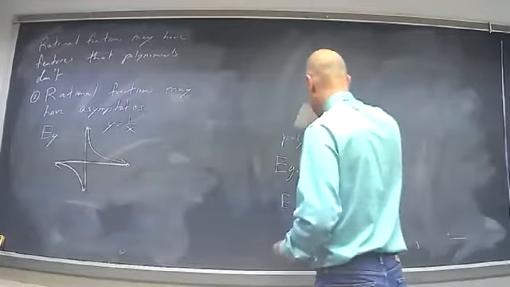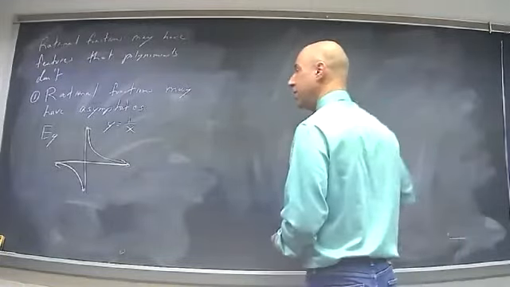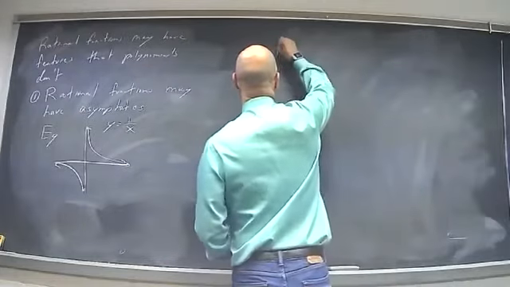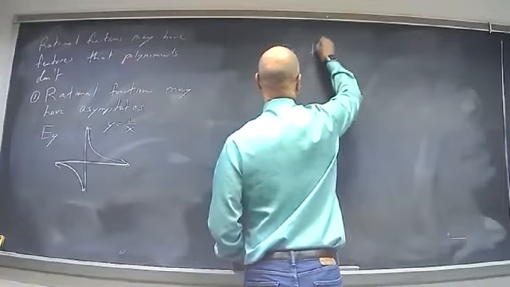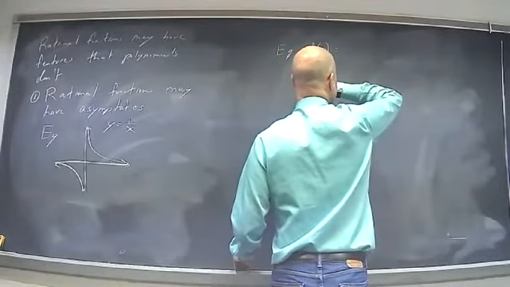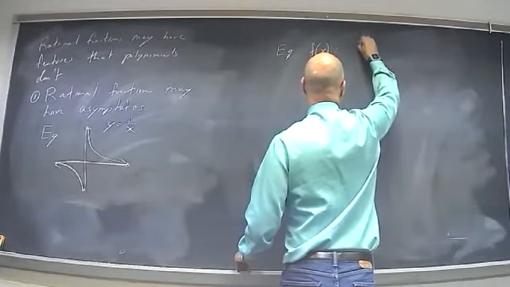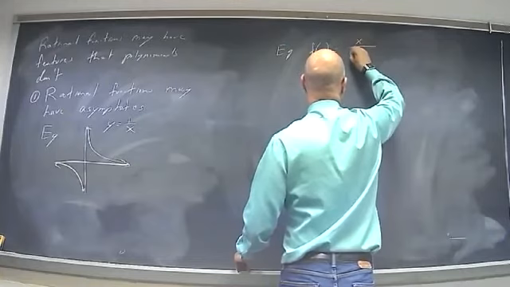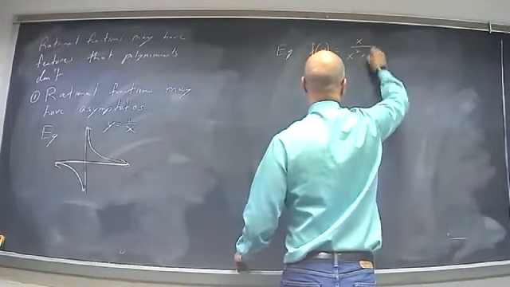You can cross an asymptote. For instance, let's say I have y equals x over x squared plus 1.